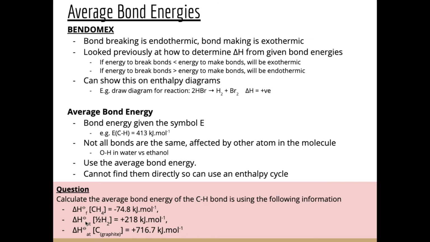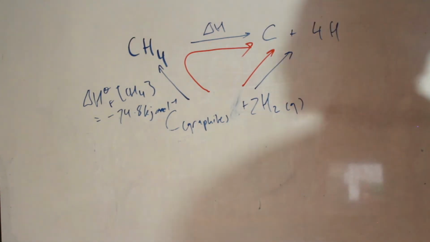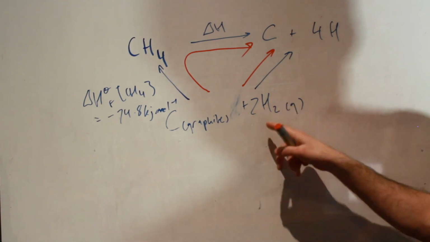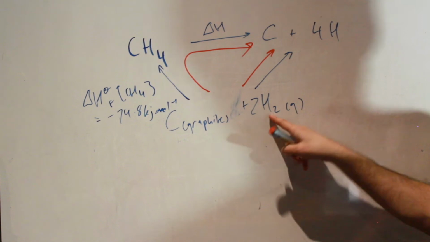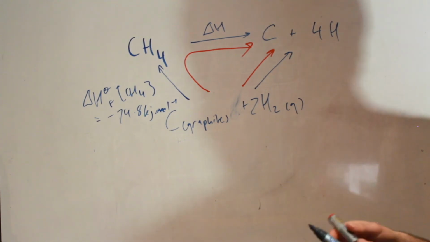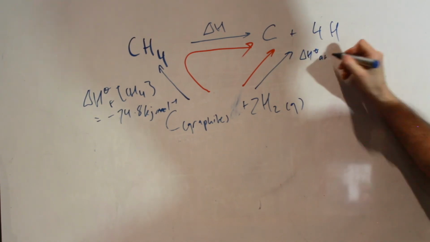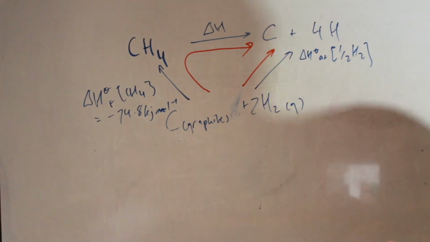So I've got a delta H of atomization for half hydrogen and delta H of atomization for carbon in the graphite form. Over here is where the delta H of atomization for the half hydrogen is. So I'm going from the hydrogen in the gaseous form to just hydrogen atoms. I'm given a delta H Plimsoll of atomization for half hydrogen, which is essentially 1 hydrogen atom.